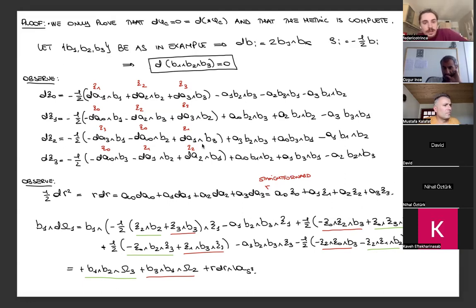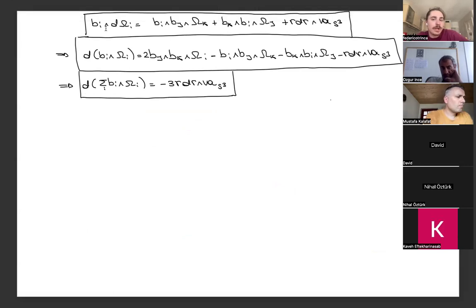So now, given these two observations, if we compute b1 wedge d omega 1, you can check, it's pretty straightforward, that what you get is b1 wedge b2 wedge omega 3 plus b3 wedge b1 wedge omega 2 plus r dr wedge the volume of a sphere. And similarly, bi wedge d omega i is equal to bi wedge bj wedge omega k plus bk wedge bi wedge omega j plus r dr wedge the volume of a sphere.